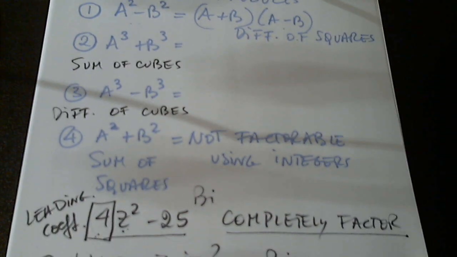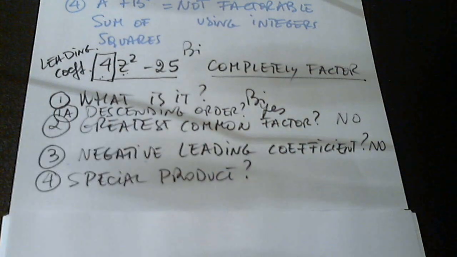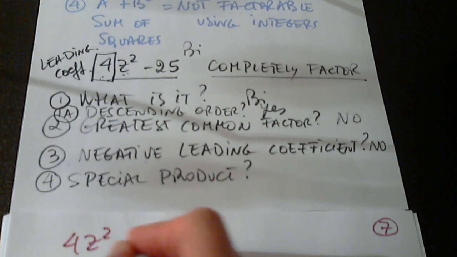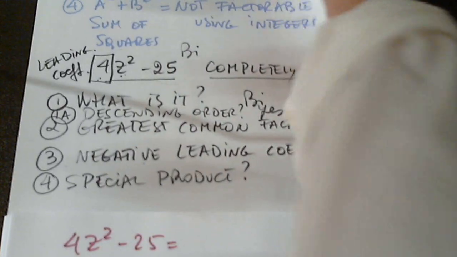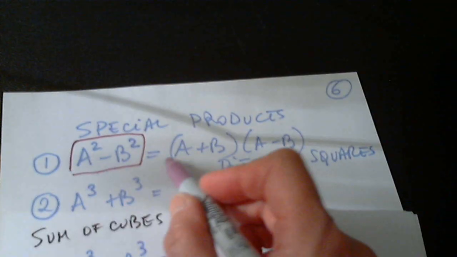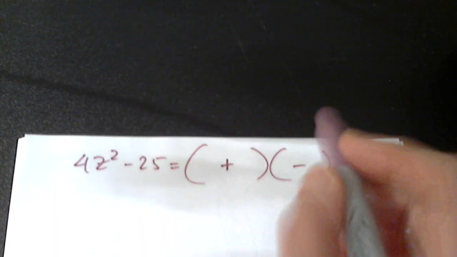Once you say difference of squares, you immediately have to write this. So 4z squared minus 25. Once you say difference of squares, you have to write this, which means one with plus and one with minus.